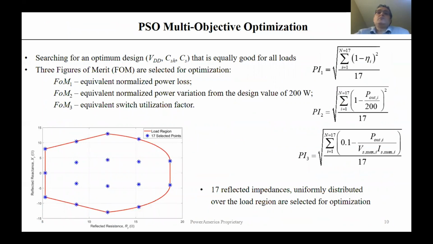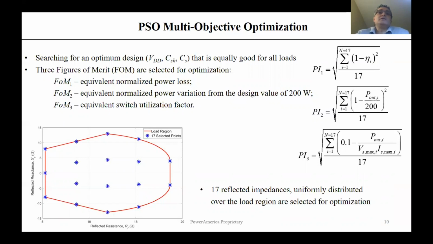To perform multi-objective optimization, test points are defined. We selected 17 test points that are uniformly distributed over the space of possible loads. Next, we specify 3 figures of merit that will be tracked during the optimization process. Those figures of merit actually match the variables I just talked about: efficiency, power, and switch utilization.